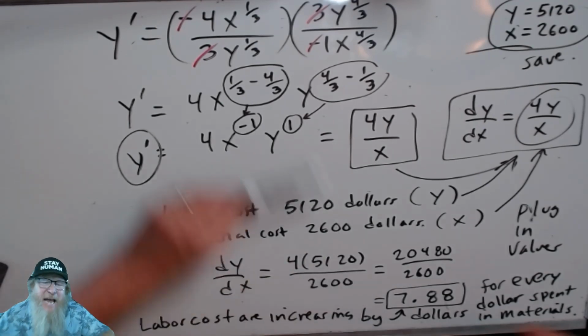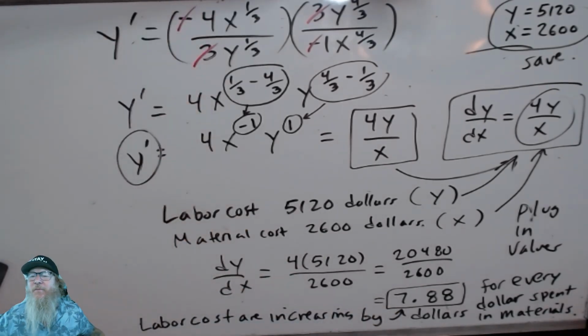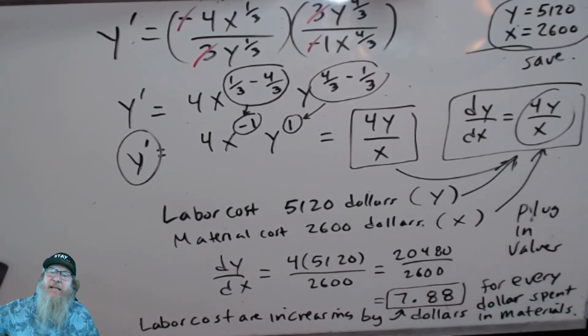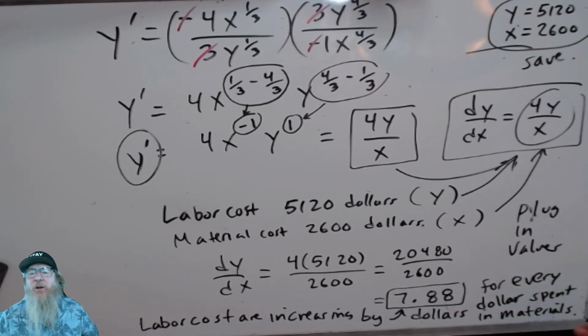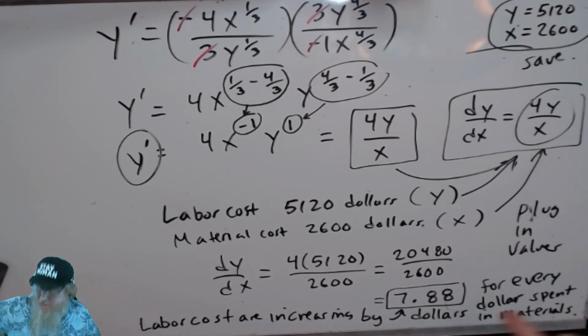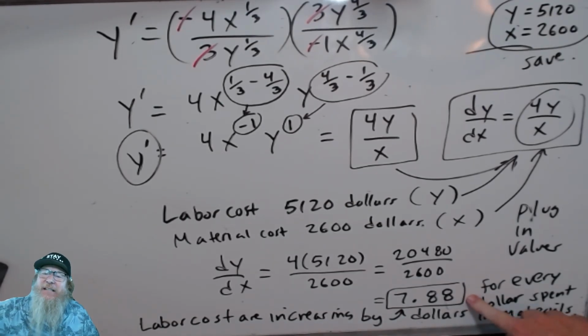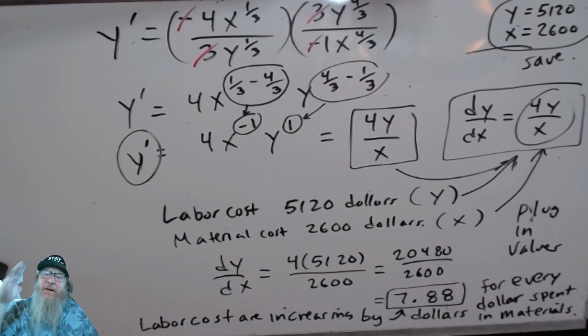Which kind of makes sense. I mean, the work that the people are doing is more expensive and in fact increasing. For every dollar that you spend on material, you're adding an additional $7.88. So you think of it like a slope, right?